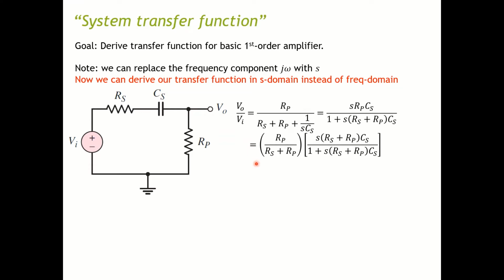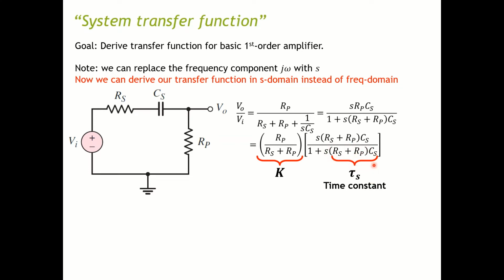Now in this form of Vo over Vi, you have two major terms. The first is this big term Rp over Rs plus Rp, which you can call K. Next is this whole term of Rs plus Rp, multiplied by Cs.